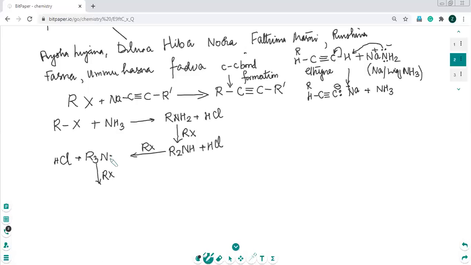See, you have a lone pair of electrons. You will get N with four R groups.